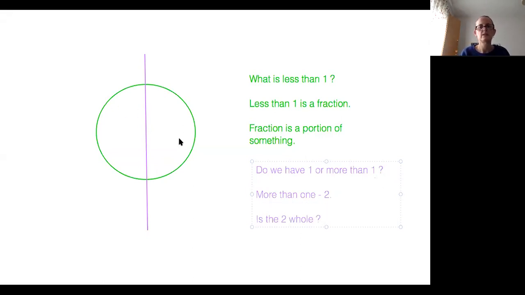They're whole pieces, but they make up part of the 1. So we know here that we have one part here and one part here. So we have 2 halves.